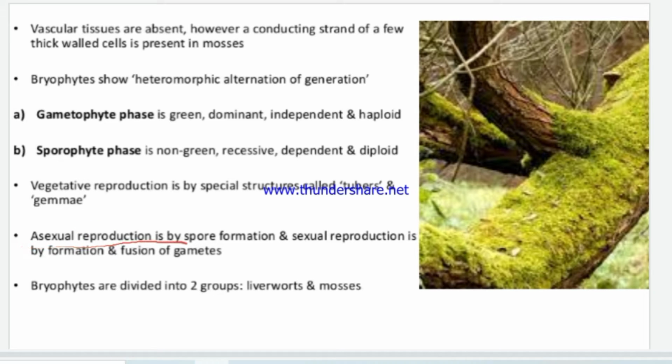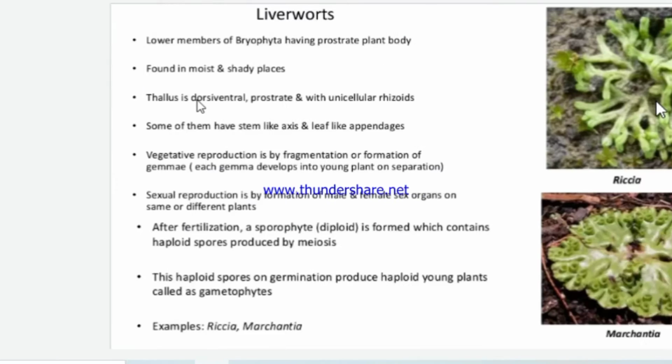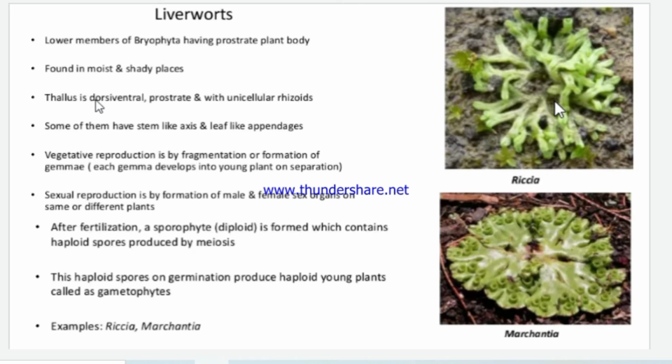Asexual reproduction is by spore formation and sexual reproduction is by formation and fusion of gametes. Bryophytes are divided into two groups, liverworts and mosses. So let us see the liverworts first.